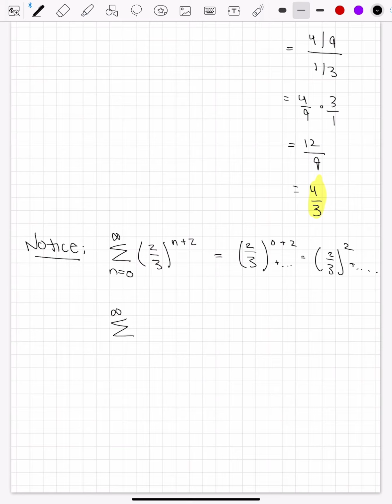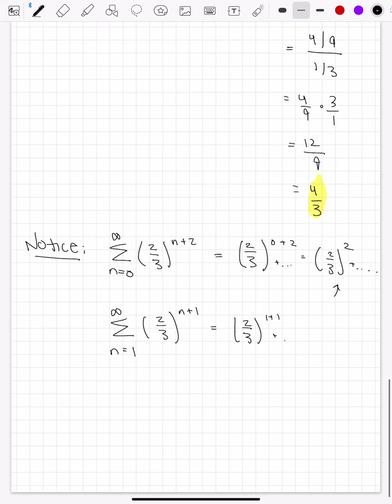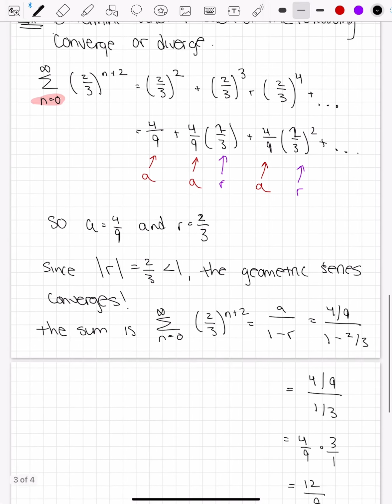So if I want to start this instead at 1, I need to make sure my first term is still this term. So I only want to add 1 to it, and that will give me (2/3) to the 1 plus 1 for my first term, and then that's going to be (2/3) squared.